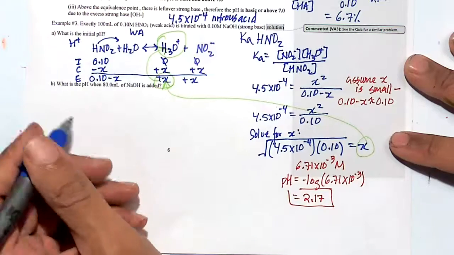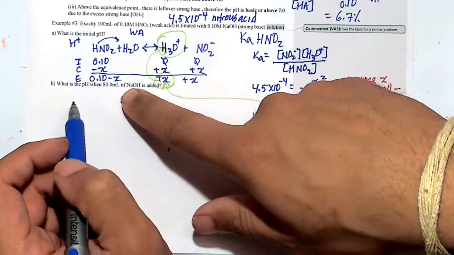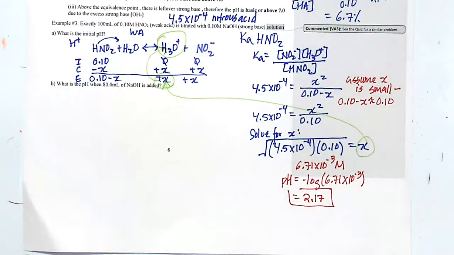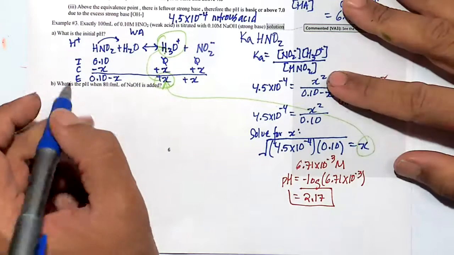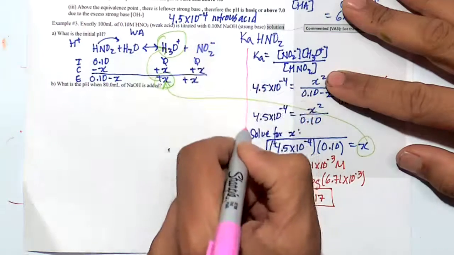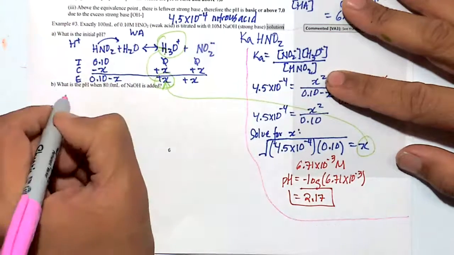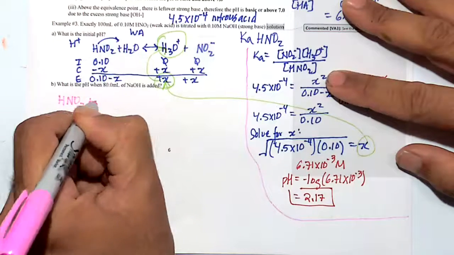All right, the last 5 minutes or so of class. What is the pH when we add 80 mils of NaOH? Okay, so now we're adding 80 mils. That's a lot. So when we add 80 mils, first of all, what I want you guys to do is write the equation. The equation is this: HNO2 plus NaOH.